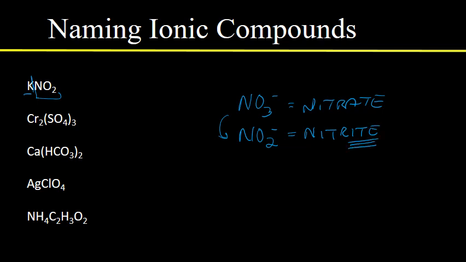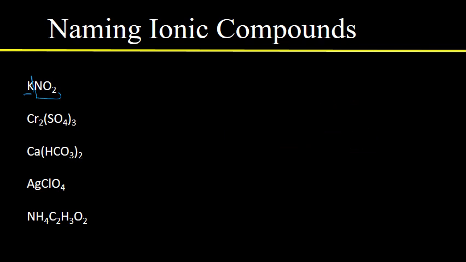So that becomes nitrite. Right? So our cation is potassium, and our anion is nitrite. And because potassium is in group 1, we don't need to include the charge in the name. So we can just simply call this potassium nitrite.